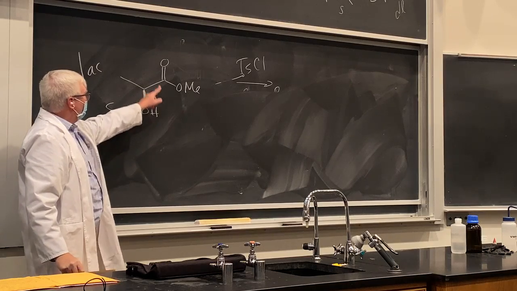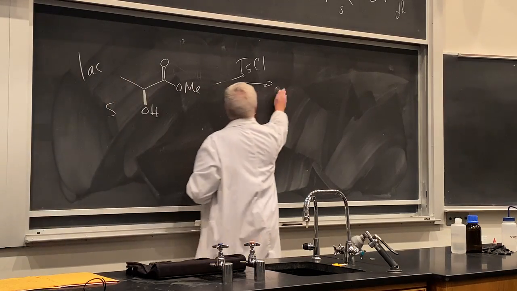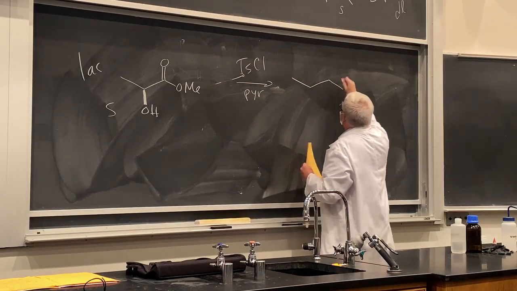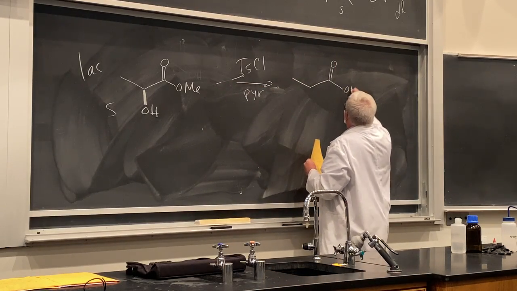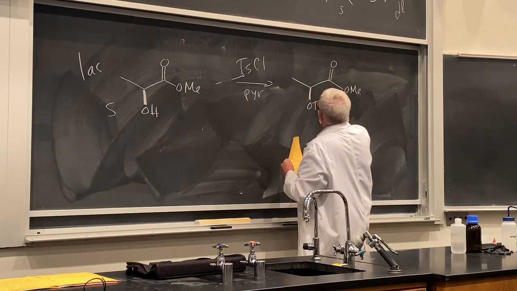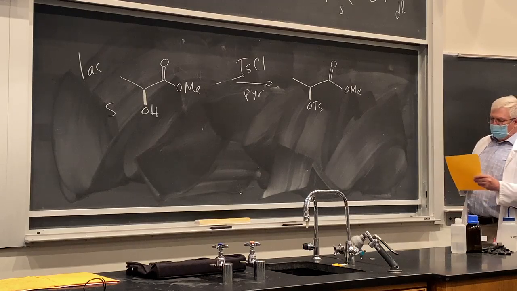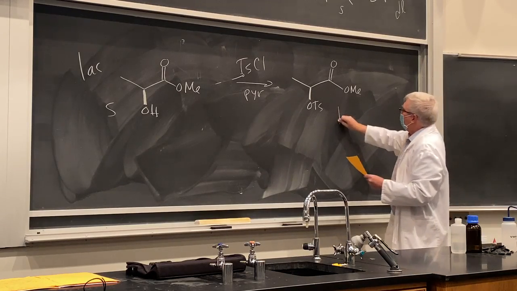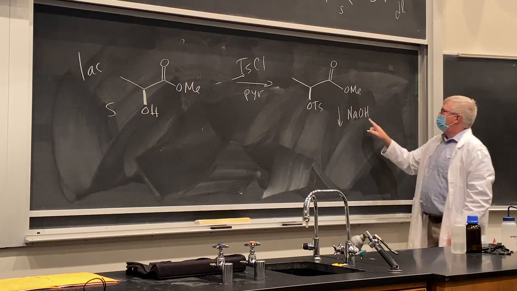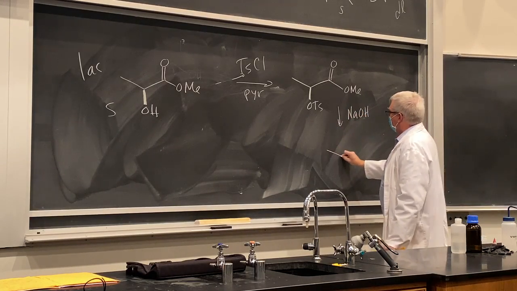It's got an S stereocenter there. Yeah, and if we treat this first with Tosyl chloride and pyridine, look, we can form the Tosyl lactate methyl ester, and we'll still have the same S stereochemistry there. And then if you take this and treat this with sodium hydroxide, and, here's our charged nucleophile, secondary leaving group, now, it inverts that.